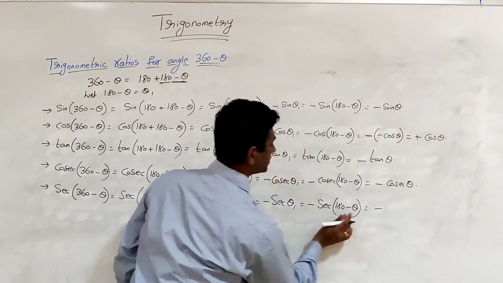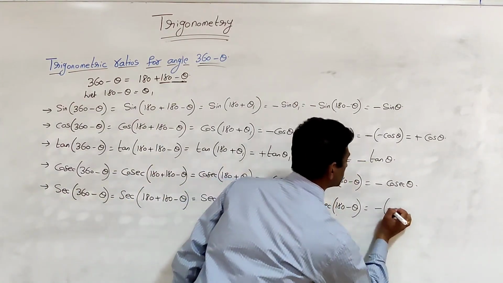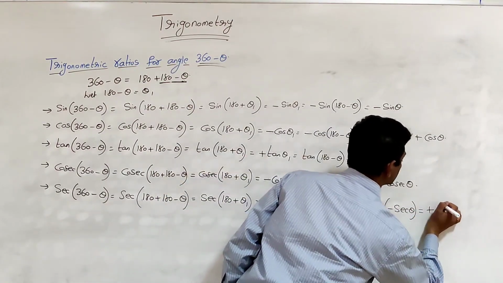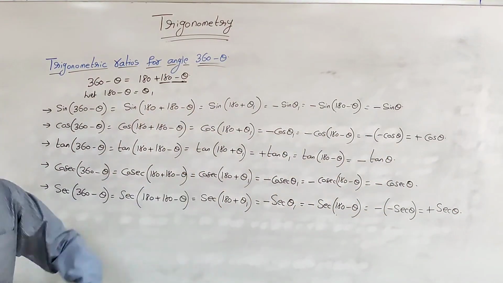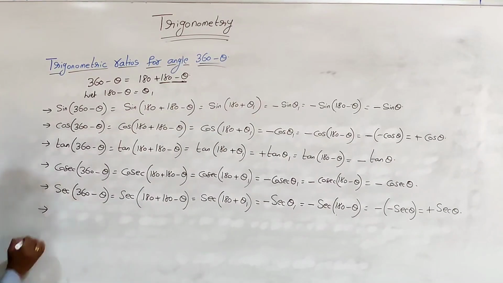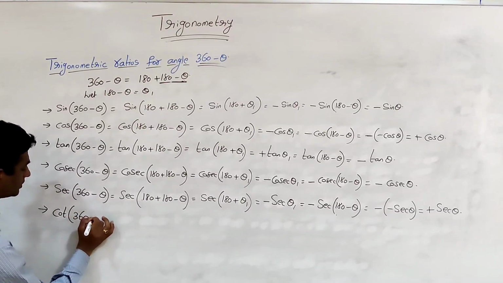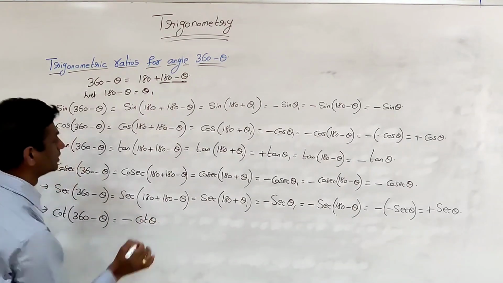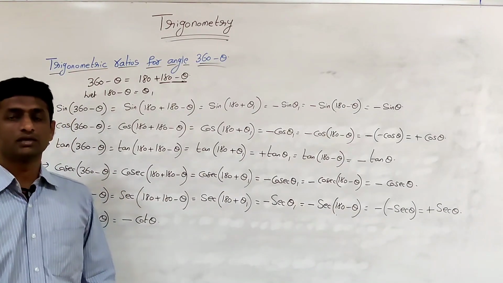Secant of 180 minus theta is minus secant theta, and already one minus is there, so if we multiply, minus into minus becomes plus. So secant of 360 minus theta will be secant theta. Next, the last one, cot. If you prove it like the above, cot of 360 minus theta will be minus cot theta. So these are the ratios for 360 minus theta.